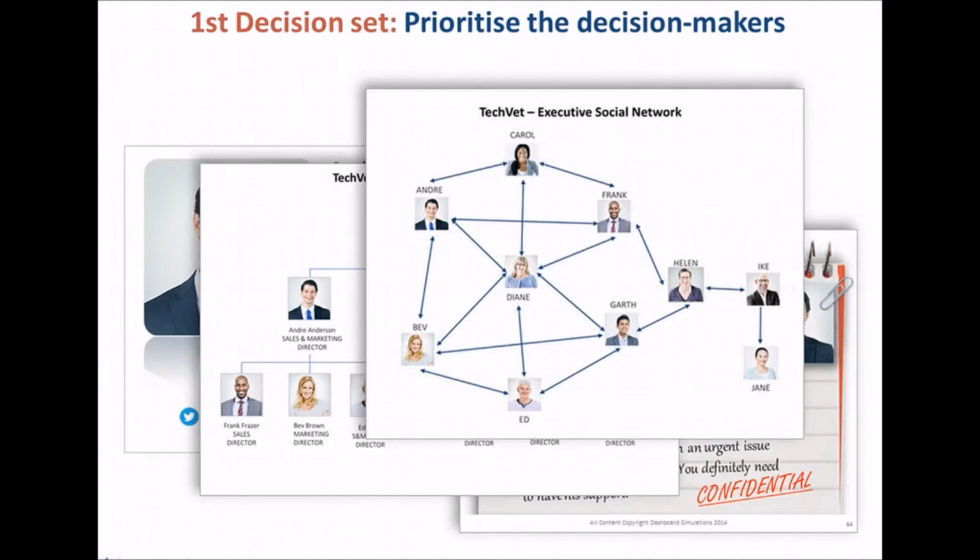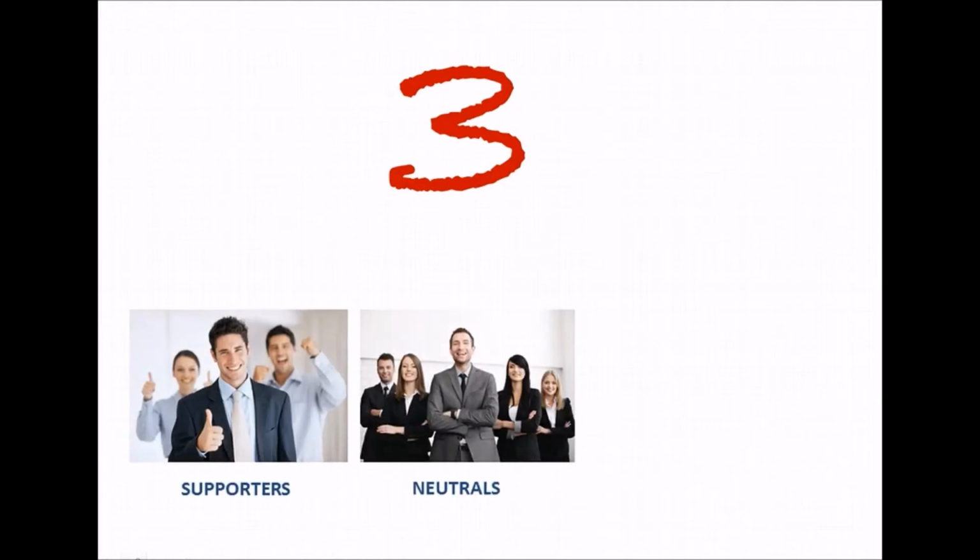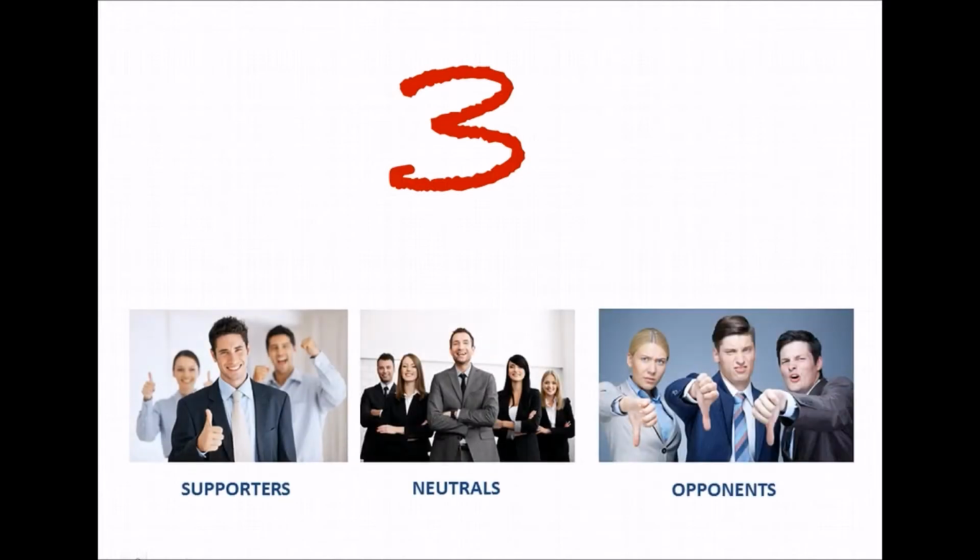You need to quickly determine who the key influencers are in the group of decision makers and what influence you have over each of them. You will also need to identify which ones are your supporters, neutrals, and opponents.